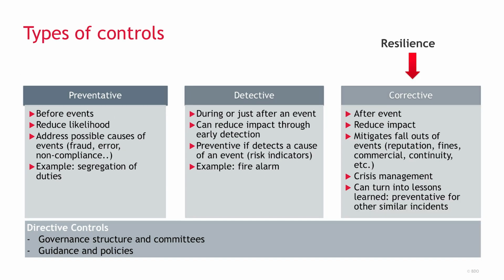And that leads us to the third very important category of controls, which has been neglected for many years in operational risk, but now has really come up with the flow of resilience and DORA regulations, etc. These are the corrective controls that take place after the event, sometimes just after the event, and are aimed at reducing the impact.